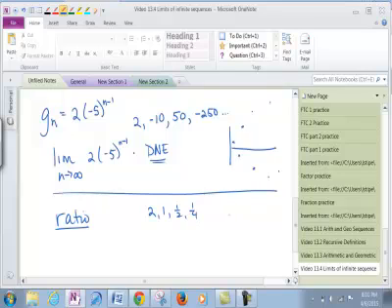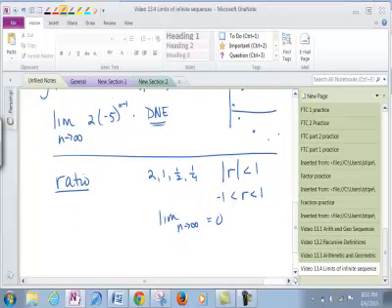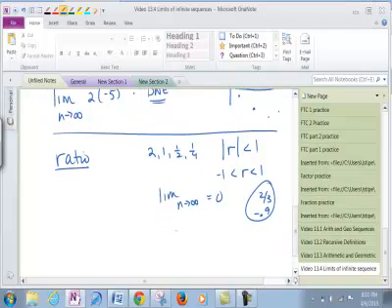The key is that any time the absolute value of the ratio is less than 1, in other words, the ratio is between 1 and -1, the limit as n goes to infinity will always be 0. So if the ratio is 2/3, if it's -0.9, any of those fractions that are greater than -1 and less than 1, the limit of that sequence will always be 0.